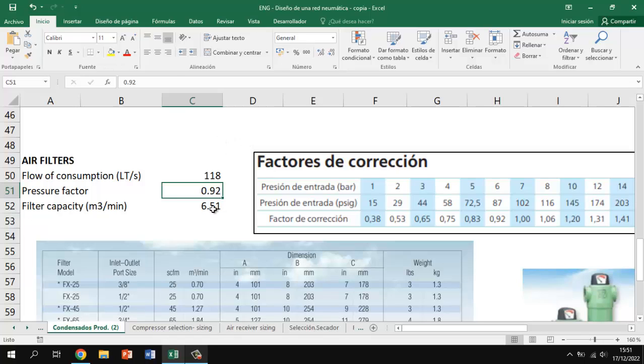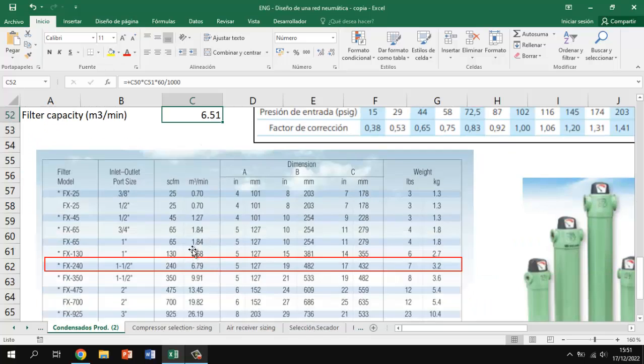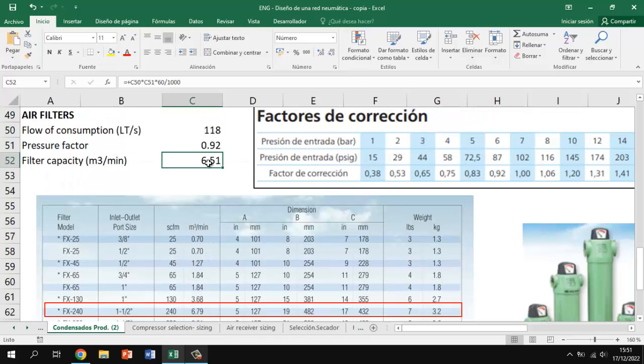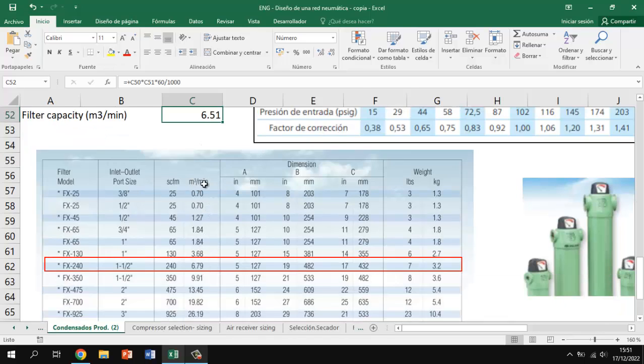Now you just multiply, and put it in cubic meters per minute. Why? Because here there's a Schuler table that needs cubic meters per minute. So I have 6.51, and we have 3.68, and the next one is 6.79.